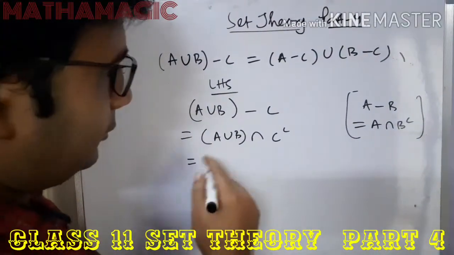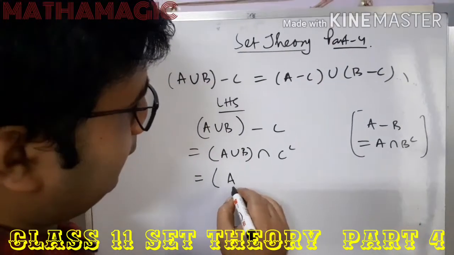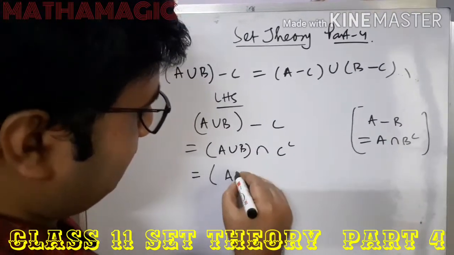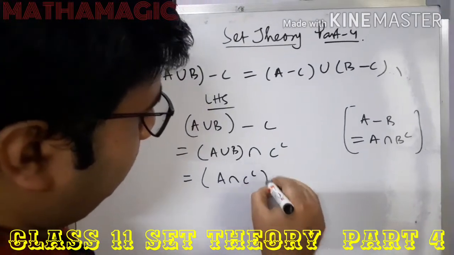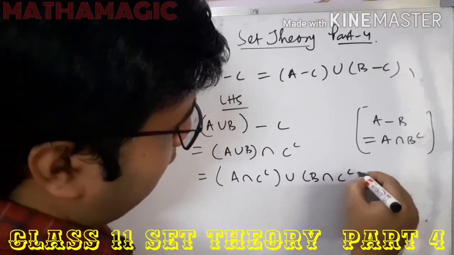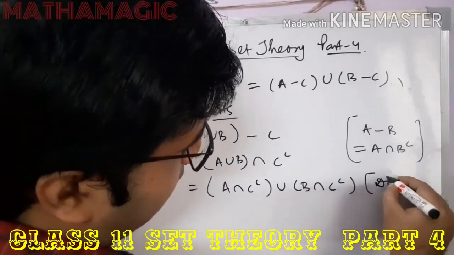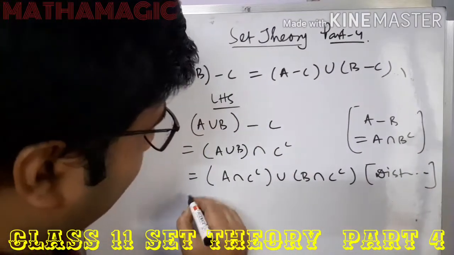So now by using the distributive law, we can write (A intersection C complement) union (B intersection C complement), which is very easy to determine. Distributive law, I'm not writing it in full, but you have to write it in full.